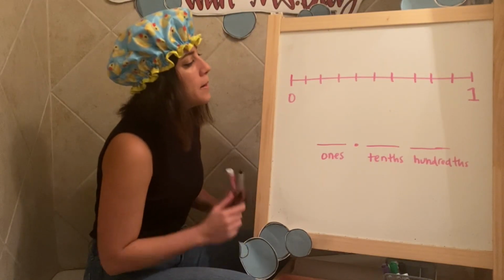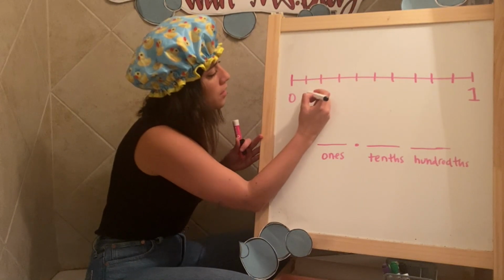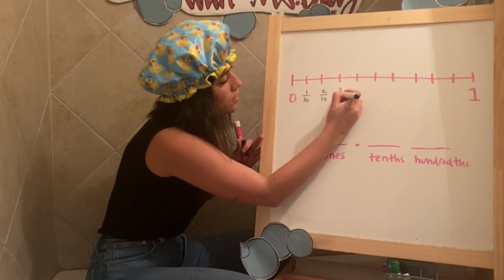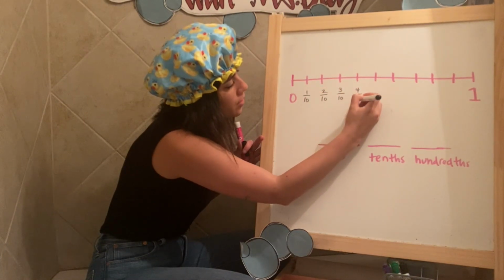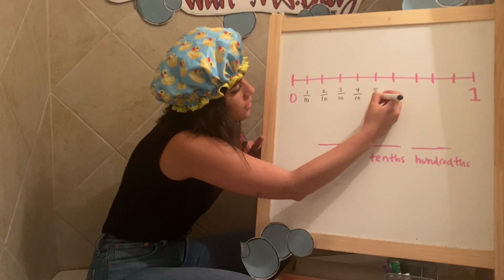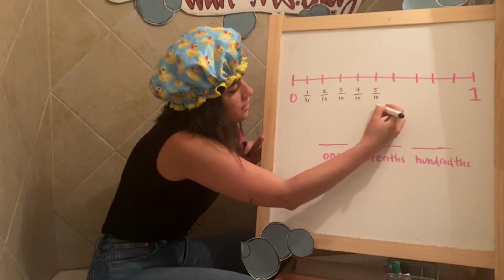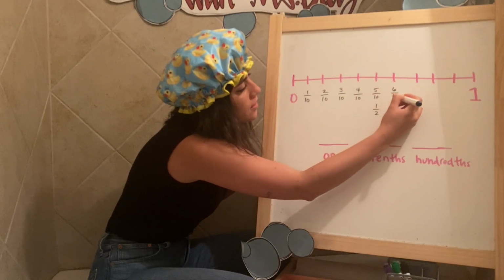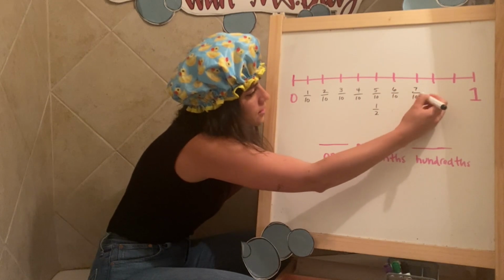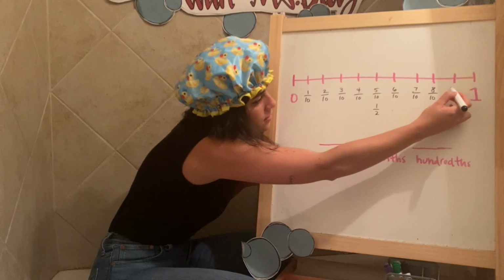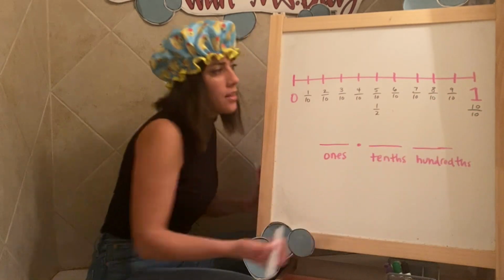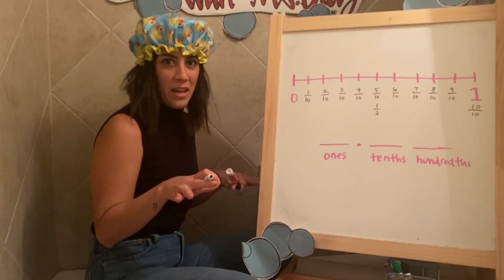For fractions, it would be 1 tenth, 2 tenths, 3 tenths, 4 tenths, 5 tenths. That would be equivalent to 1/2, which is what we've been learning. But continuing, 6 tenths, 7 tenths, 8 tenths, 9 tenths, and then 1 is equal to 10 tenths. We're good so far, yes? Okay.